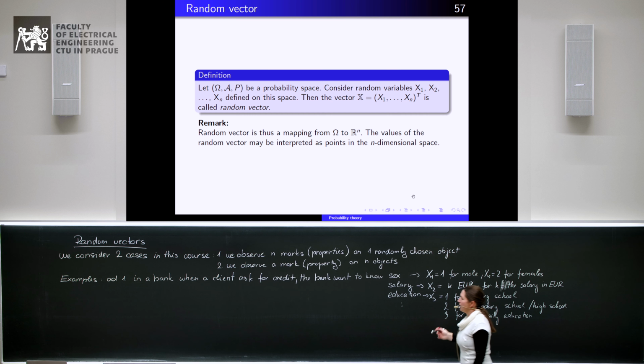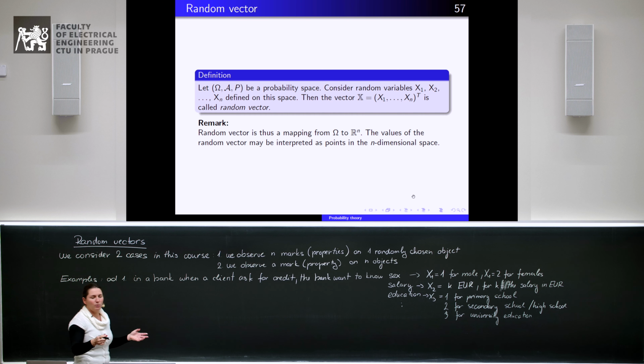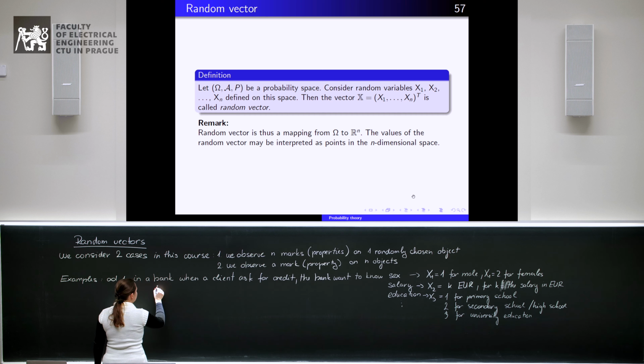and so on. And so then, when a randomly chosen client, when some random client comes to the bank, the bank asks him the questions: what is your sex, what is your salary, and so on. And we have probability, or we'll work with probability later.